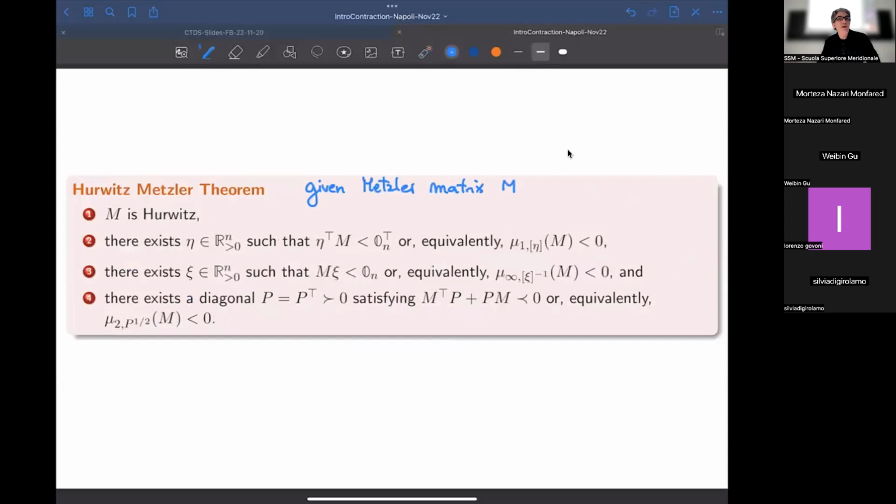And I'm insisting there are many more. These are the ones that appear to be most useful for stability and control applications. But the book on positive matrices by Berman and Plemmons has around 50 characterizations of stability. So quite rich. Okay, Hurwitz means the eigenvalues are all in the strict left half plane.